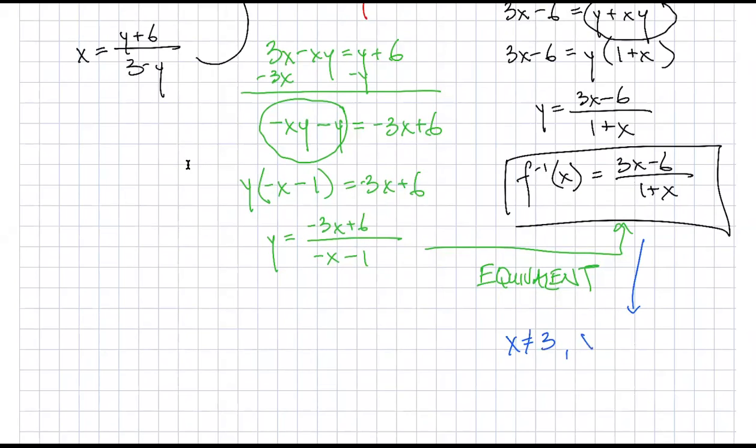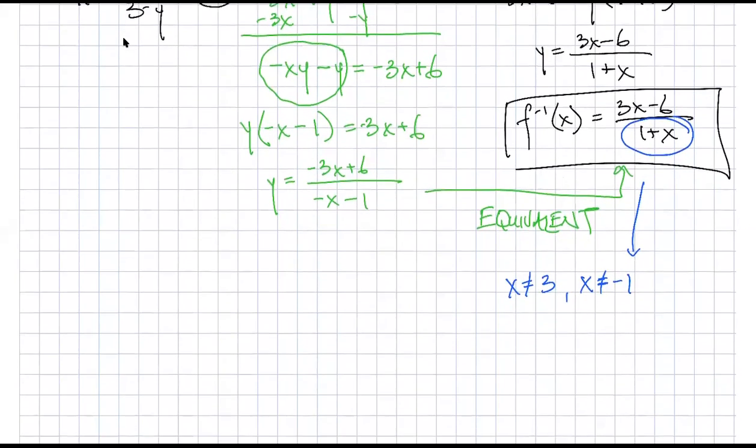Yeah, x cannot equal negative 1, right? And we know that because negative 1 will make the denominator equal to 0, all right? So x cannot be negative 1 and it cannot be 3.